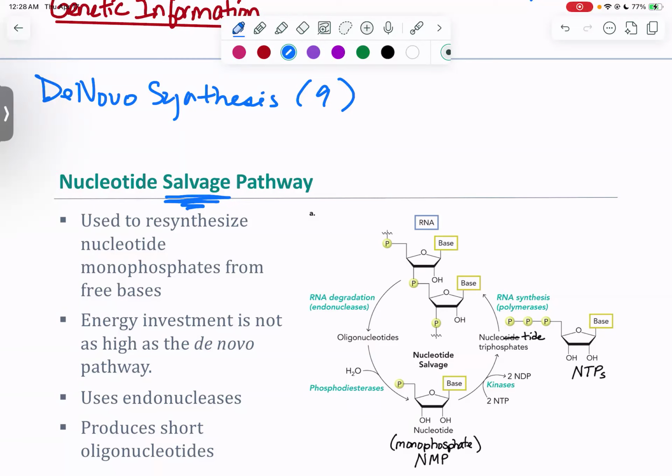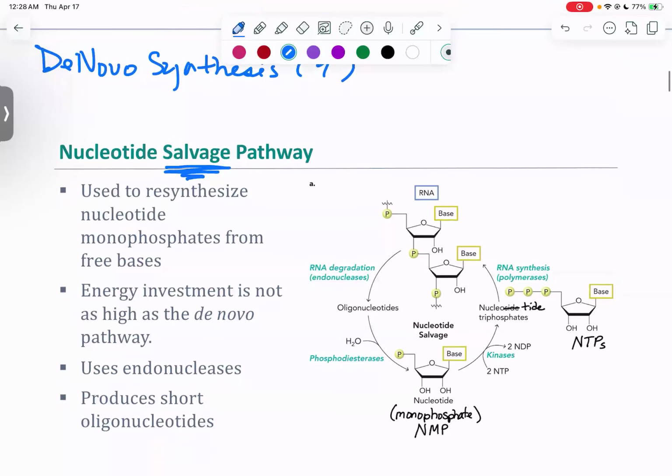You're really not from your diet. So most of the nucleic acid that we have to get rid of and would use in a salvage pathway are going to come from degradation of nucleic acids that are inside the cell.